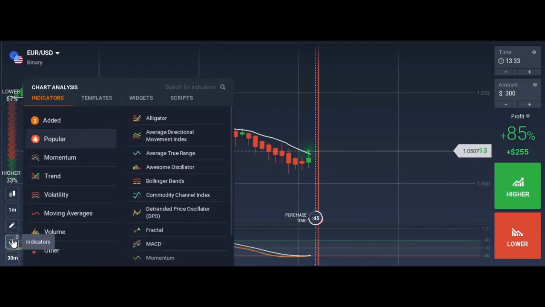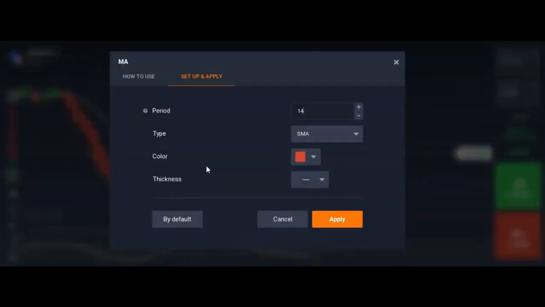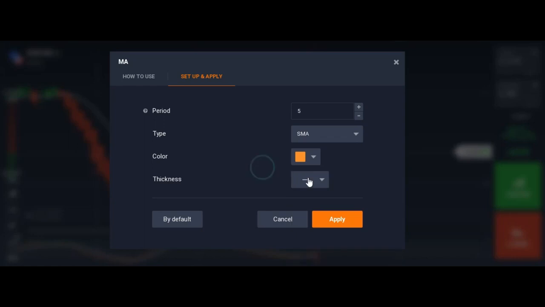On another moving average, period 5. In type, we put SMA, orange color and thick line.